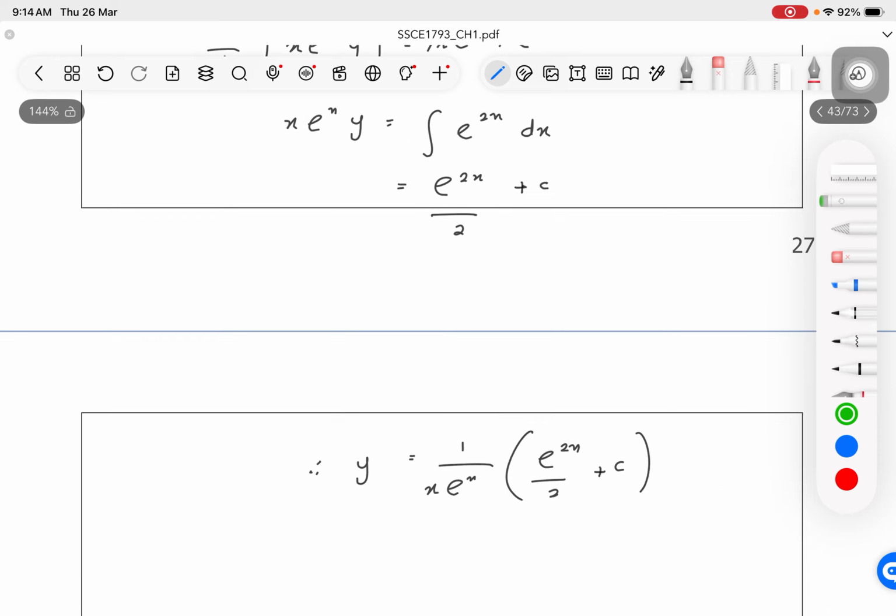We want the general solution, so make y your subject, because the general solution means you want y as the subject. So this is your final answer.